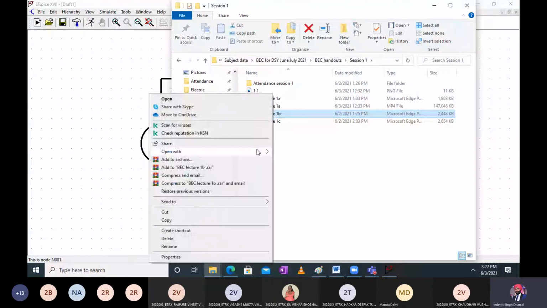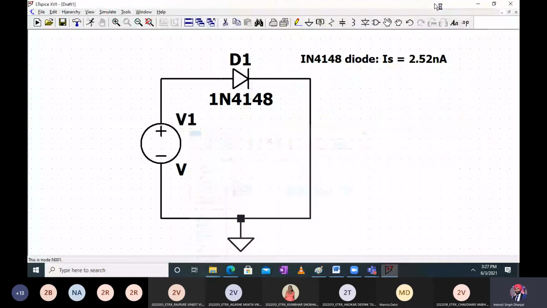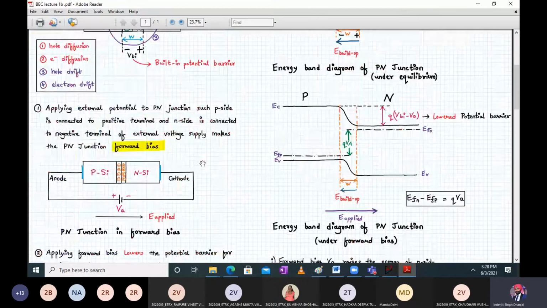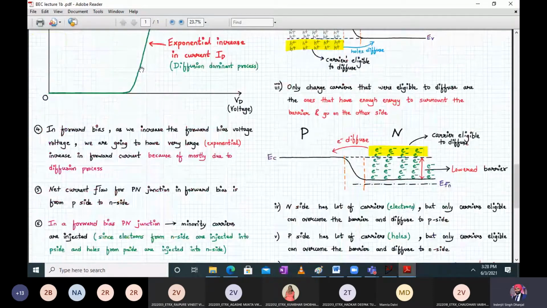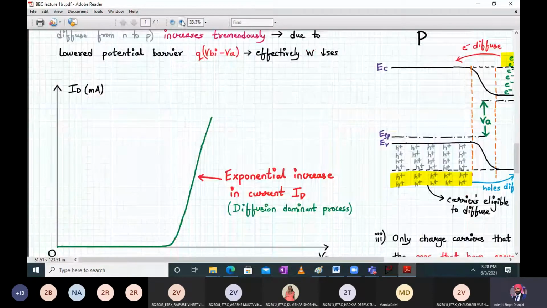Let this PDF open and I want to show you all something. We discussed this yesterday only. This is the nature of the graph which we should get. This is what we are expecting. We should know what we are expecting.